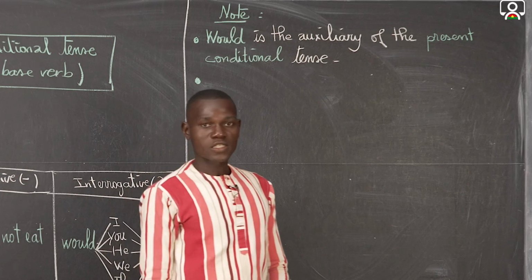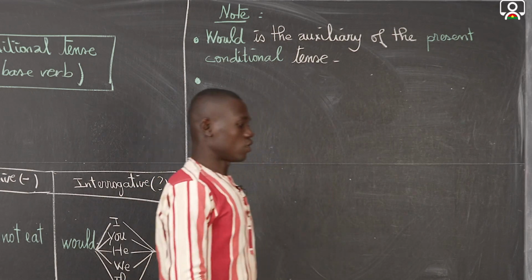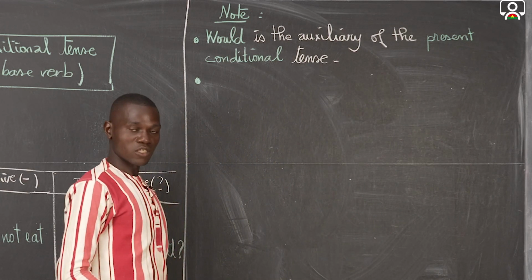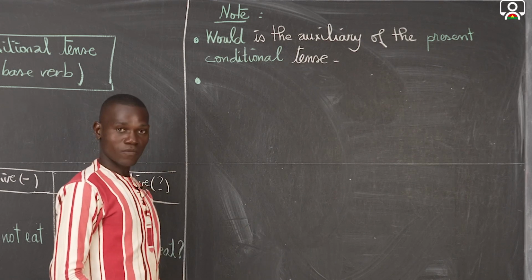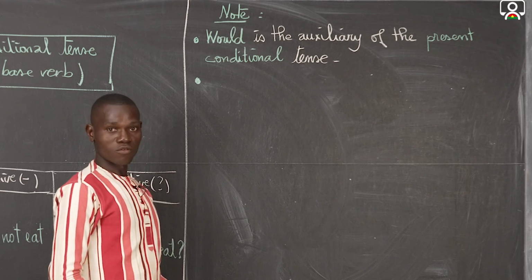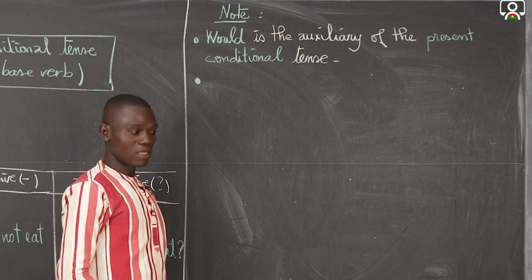The second point is that should is also the auxiliary of the present conditional tense, and it is used with I and we.